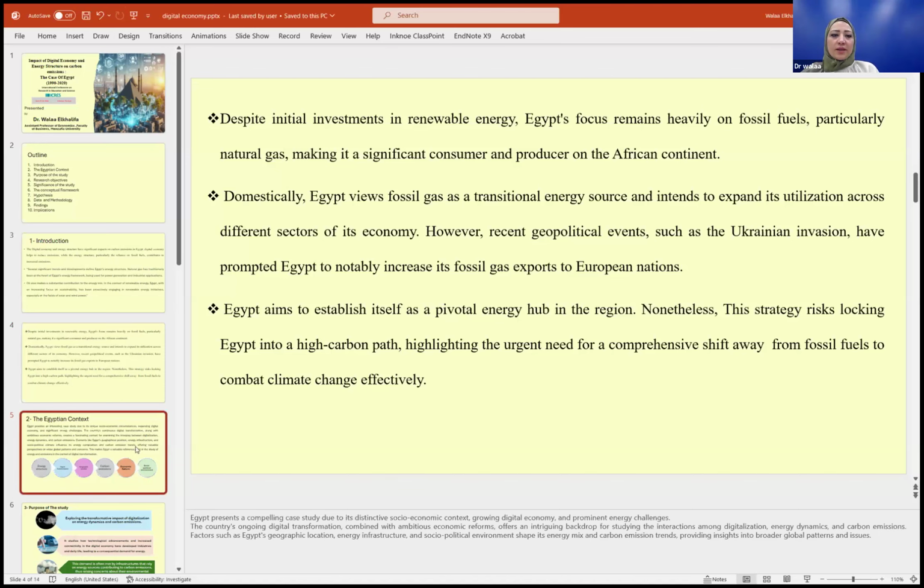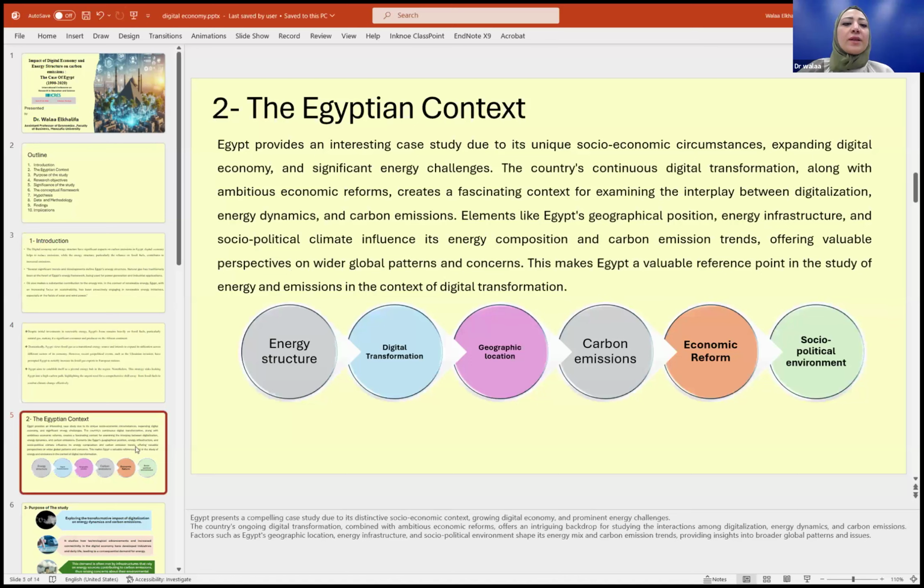The Egyptian context. Egypt provides an interesting case study due to its unique socio-economic circumstances, expanding digital economy and significant energy challenges. The country's continuous digital transformation, along with the ambitious economic reforms, creates a fascinating context for examining the interplay between digitalization, energy dynamics, and carbon emissions.